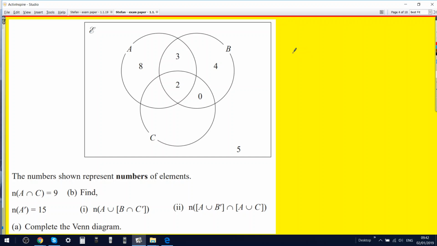Okay, how about this one? Okay, so do I have to complete the Venn diagram first? Yeah, part 8. I just kind of squashed them all in.